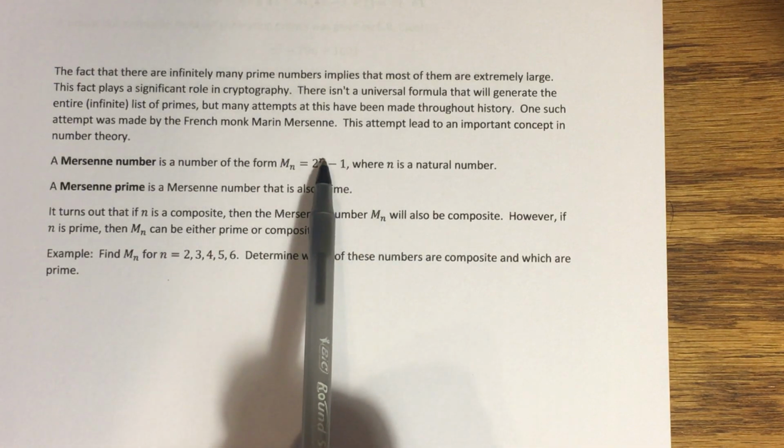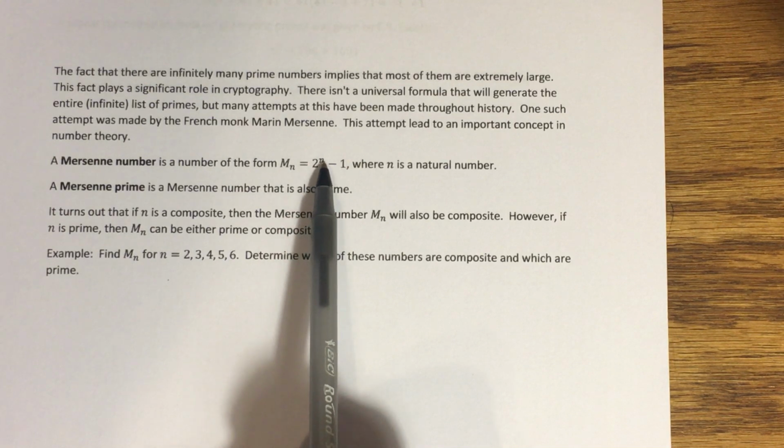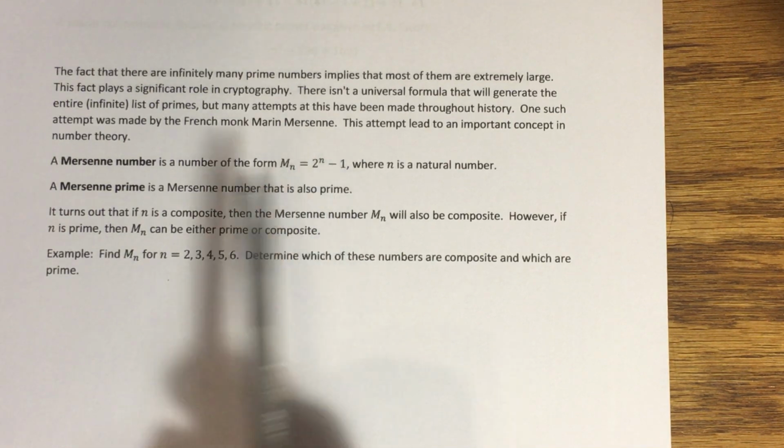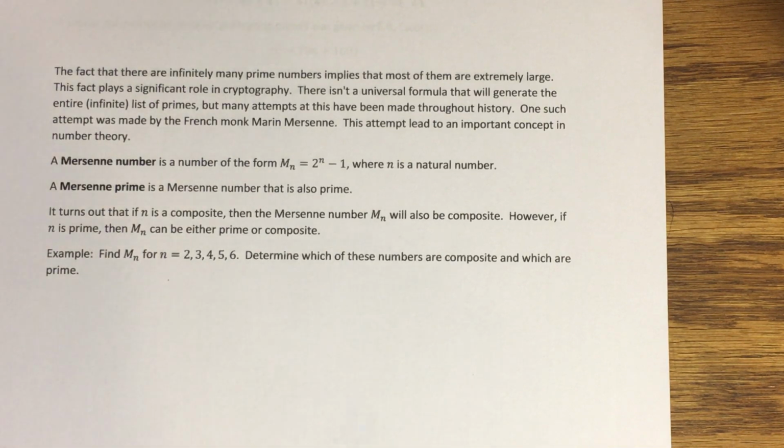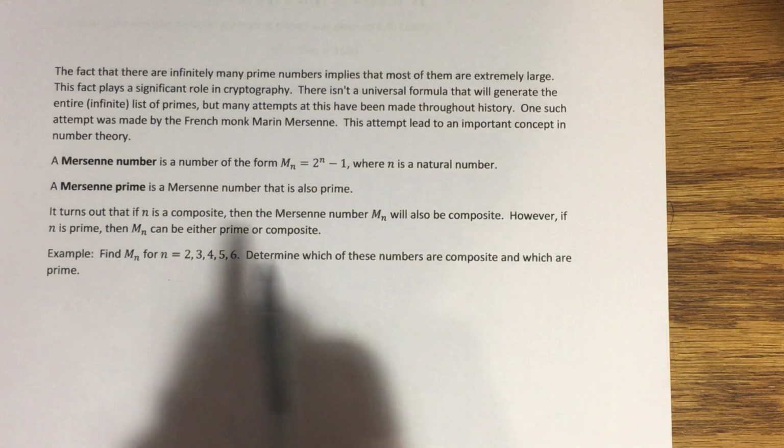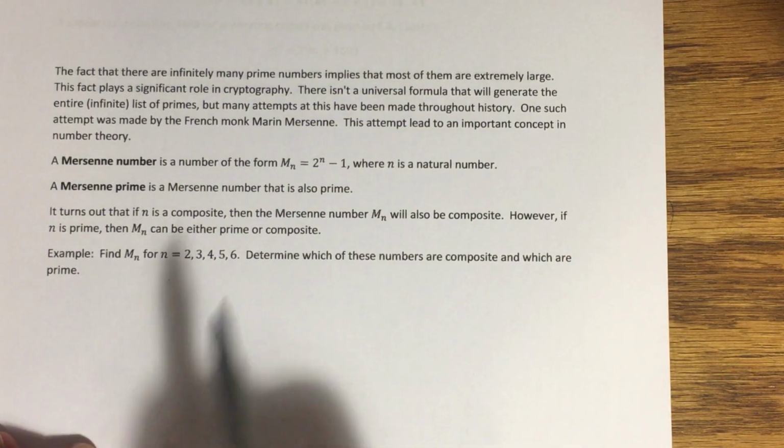If the number that you plug in here is a prime number, if I plug in a 3 or a 5 or a 7, those are prime numbers, then this formula will sometimes generate prime numbers and other times generate composite numbers. So as an example, we're going to find a few Mersenne primes.